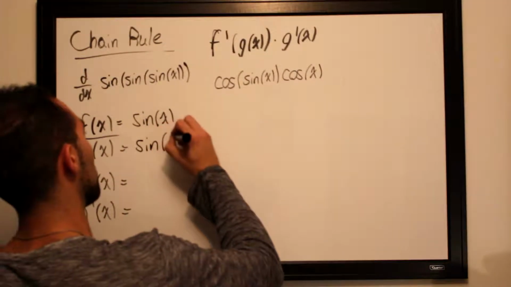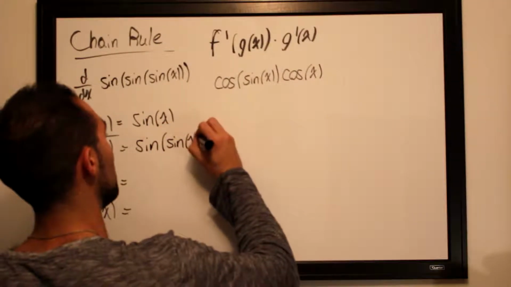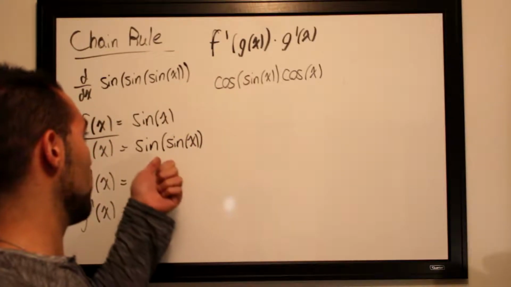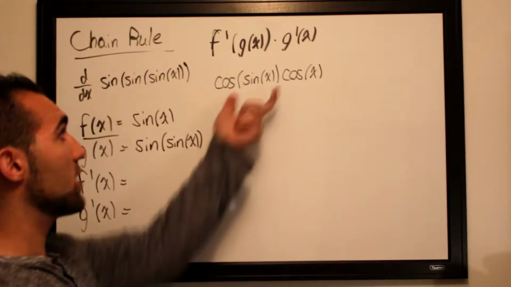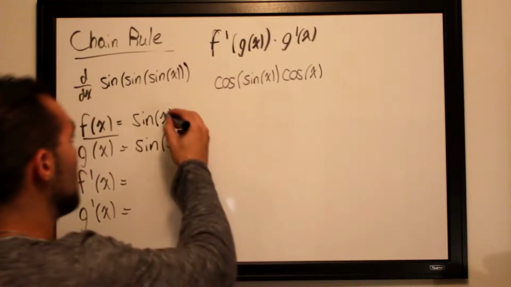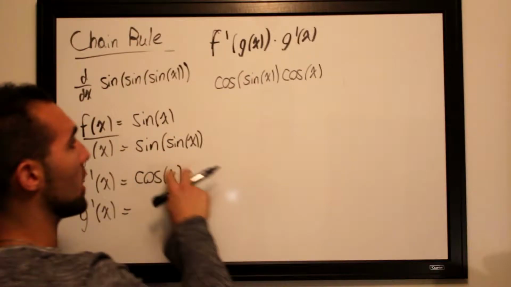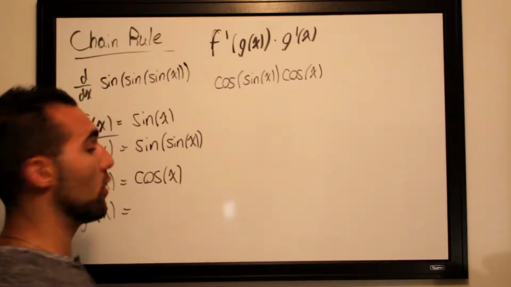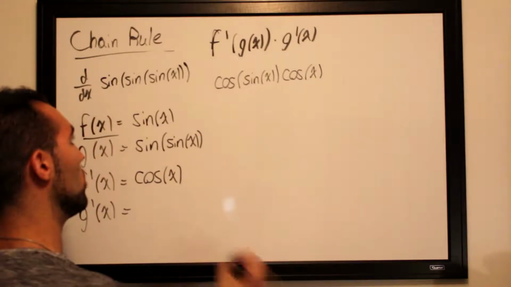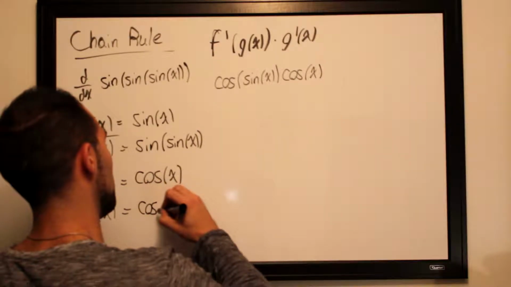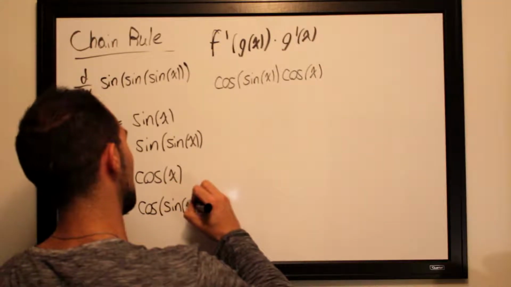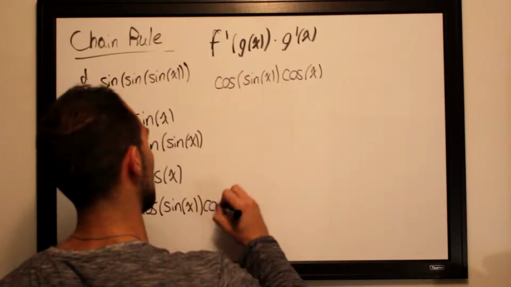Now this is where the chain rule gets a little bit tricky. We already wrote out the derivative of the inner function. We have it right over here. The derivative of the outer sine will be cosine once again. And the derivative of the inner function is exactly what we have here from our previous use of the chain rule. So it's cosine of sine of sine of x multiplied by cosine of sine of x multiplied by cosine of x.